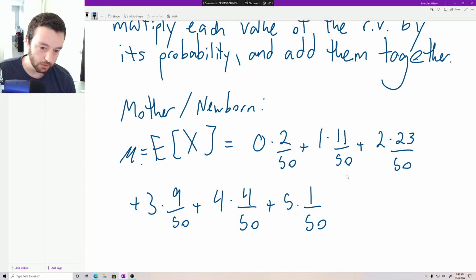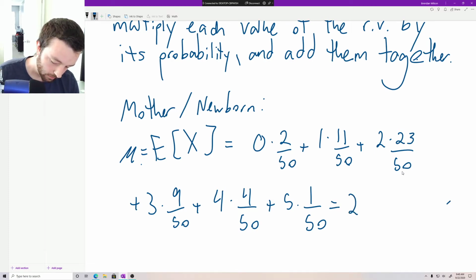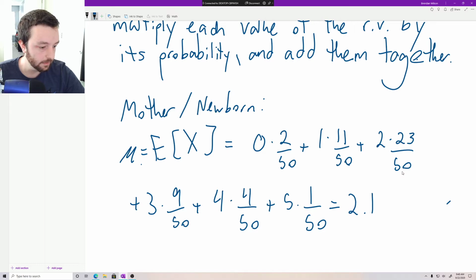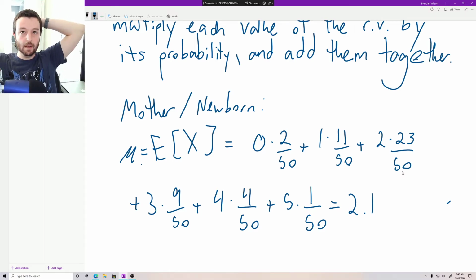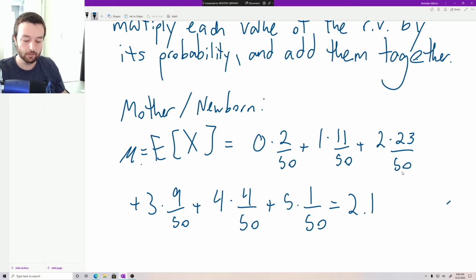You're going to end up getting 2.1. So the long-term average is that the crying newborn wakes the mother up on average 2.1 times per week.